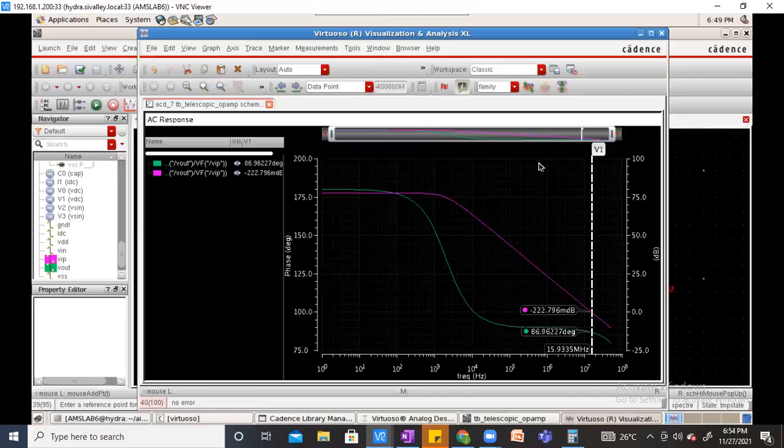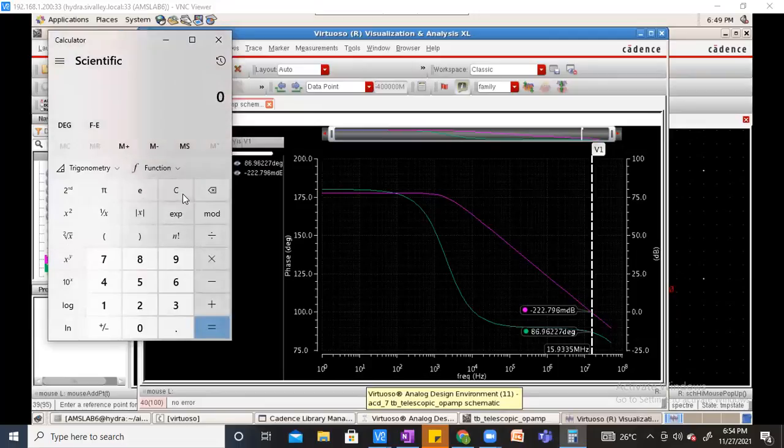Frequency response is how much, man? It is 90 degree, 94 degree. What is this? It's so awesome, huh? And gain bandwidth is 15 megahertz we are getting. That's cool. Okay.